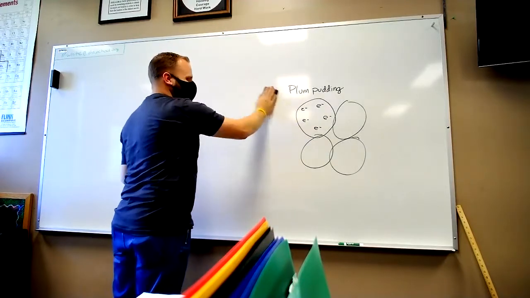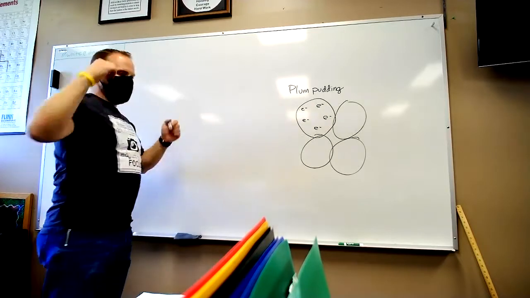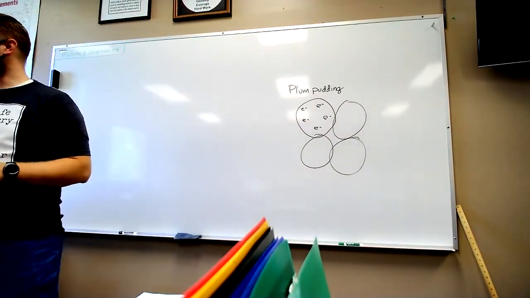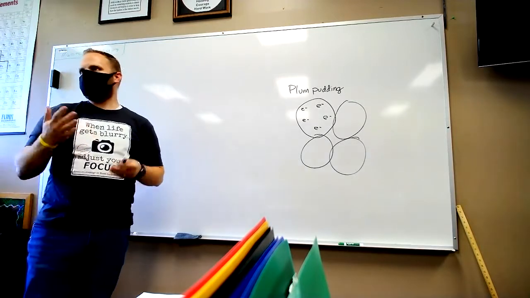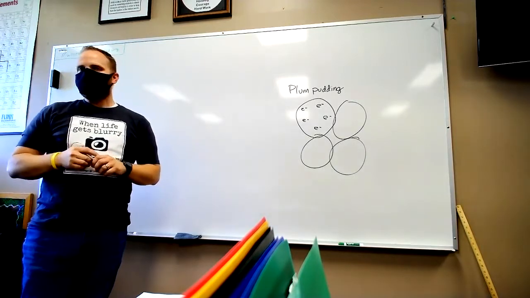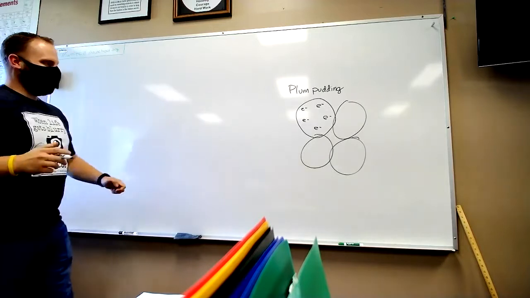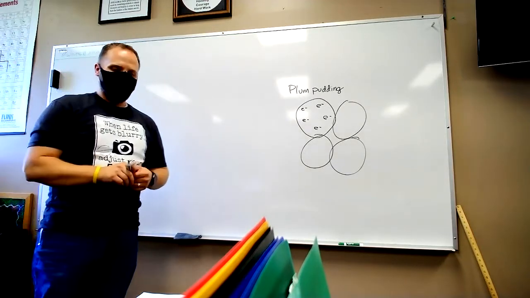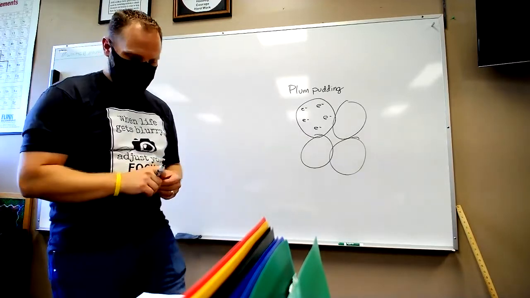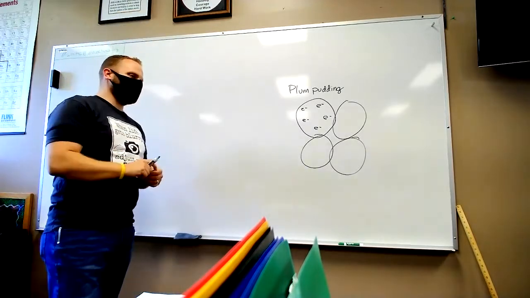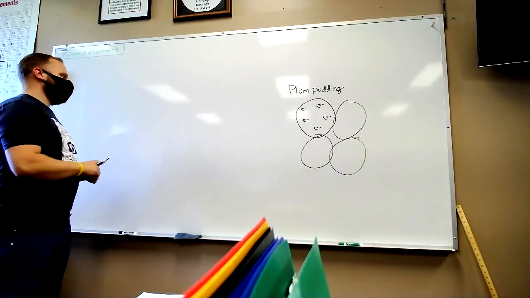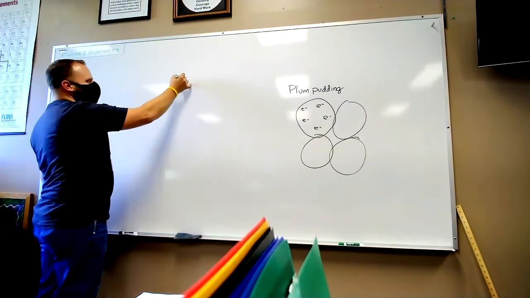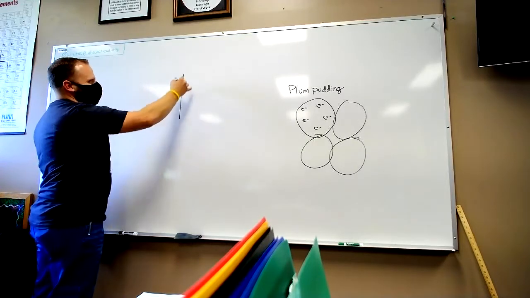The next revolution. So, the next thing that really happened, we have a person by the name of Rutherford. He did an interesting experiment. He took a really, really thin piece of gold foil.